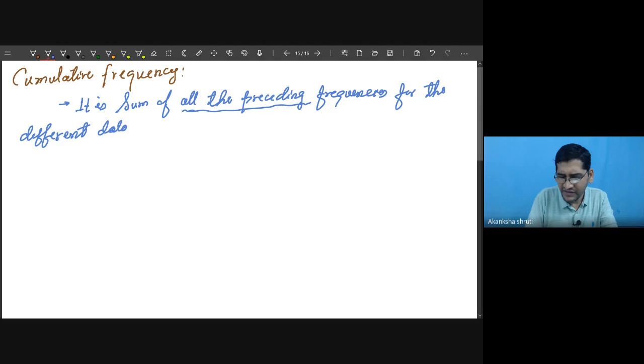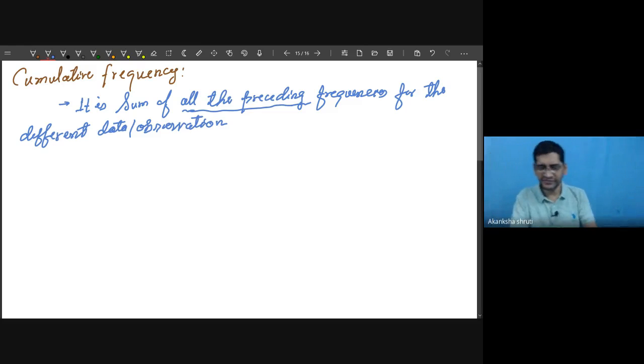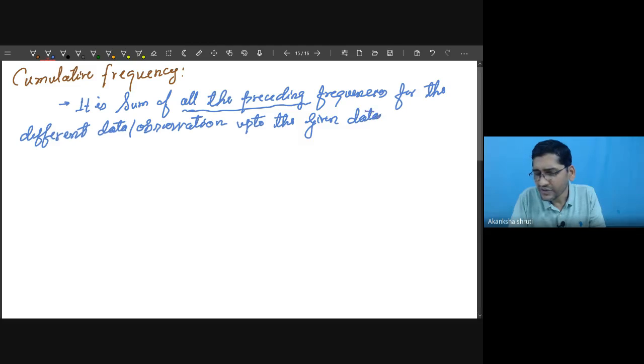Whether data is written or observation is written, it means the same thing. So it is the frequency for the different data or observations up to the given data. Okay, so cumulative frequency depends on up to which particular data we are counting.